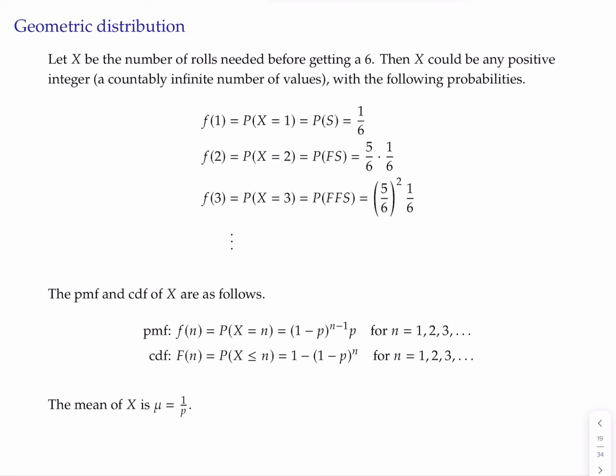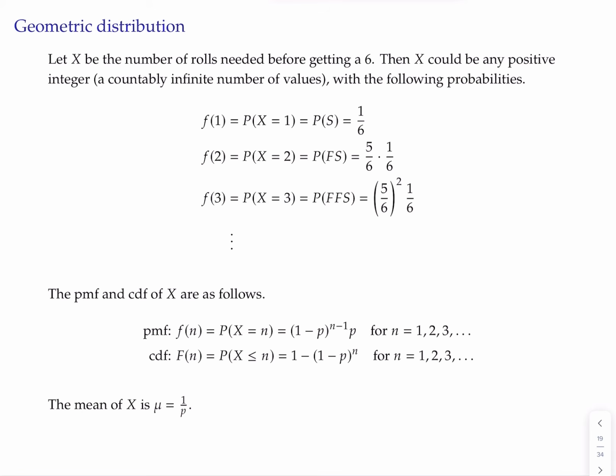Now, how do we think about probabilities here for the geometric distribution? Let's think first about the probability that it only takes us one roll of this die to get a success. That happens with probability 1 over 6. There's a 1 in 6 chance that the first time we roll it, we get a 6. Simple enough. What's the probability it takes us 2 rolls to get a success?